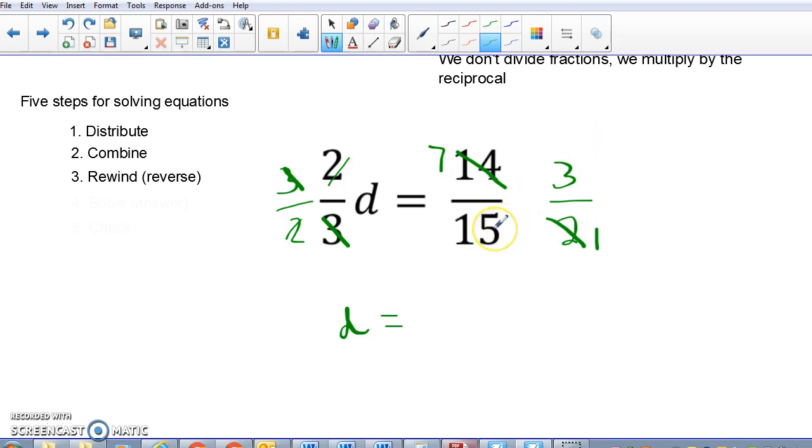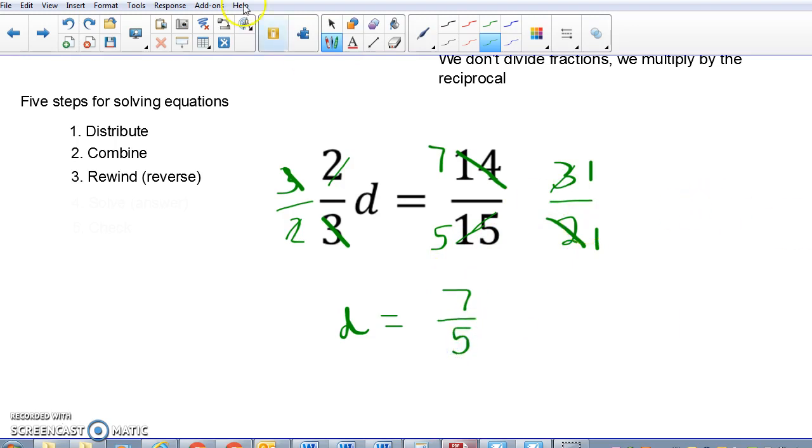Oh, here we go. 15 is divisible by 3. 3 is divisible by 3. So this is 1. This is 5. Alright. 7 times 1 is 7. 5 times 1 is 5. So my answer is 7 fifths.